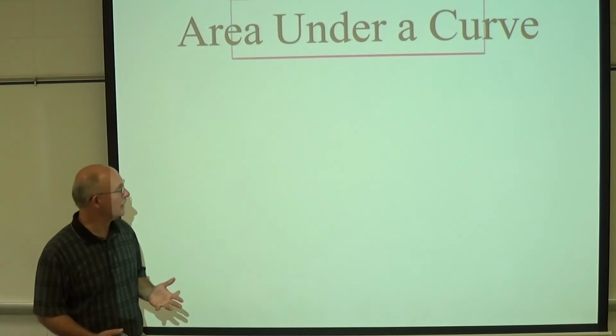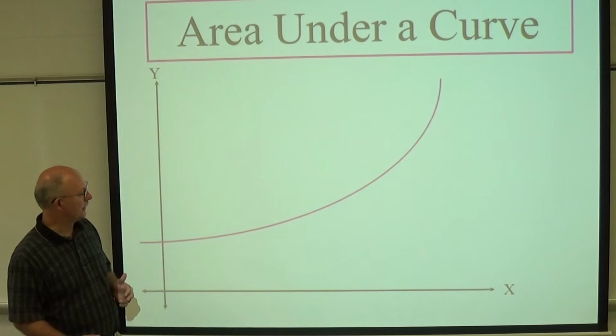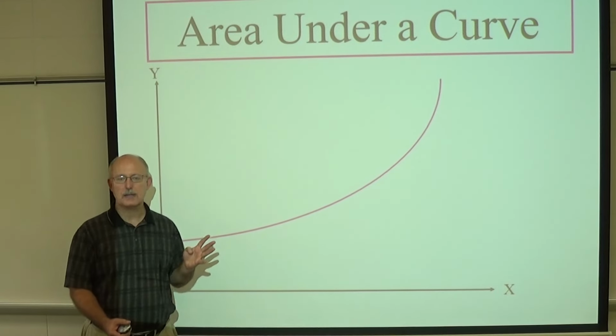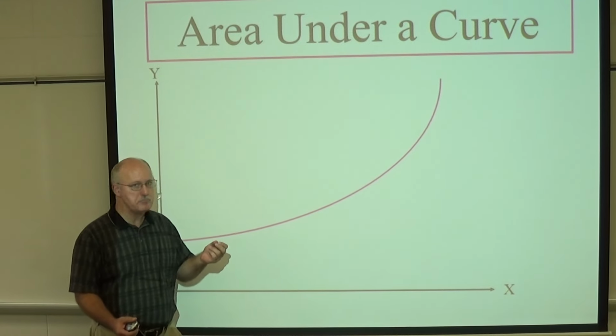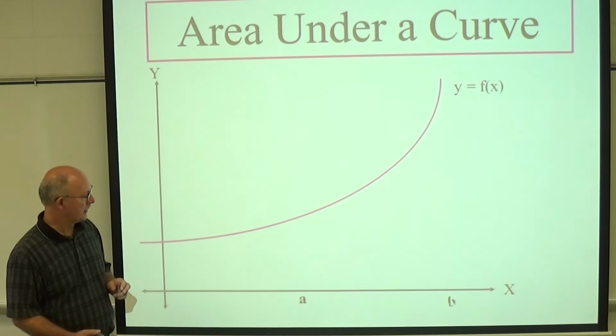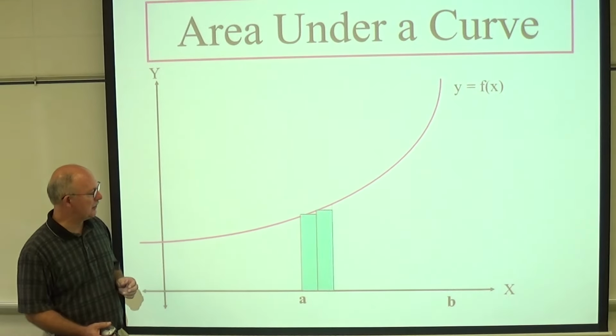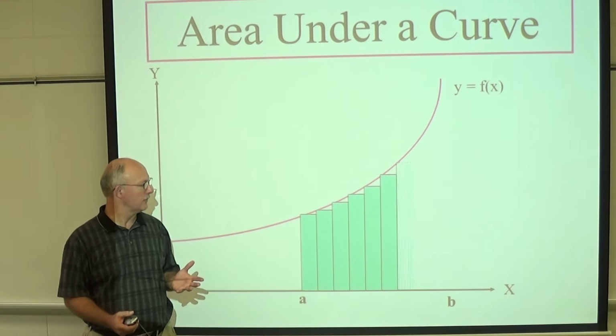Let's take the same curve. Now we used 4 rectangles, and you saw the area that was missed between the curve and each rectangle. Now 4 rectangles is good, but what about 9 rectangles?